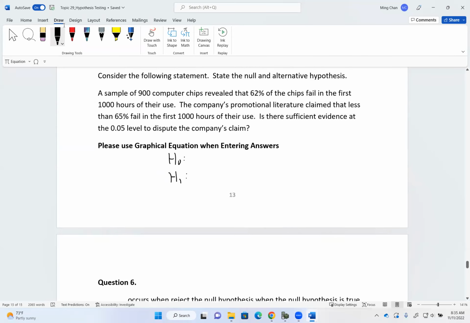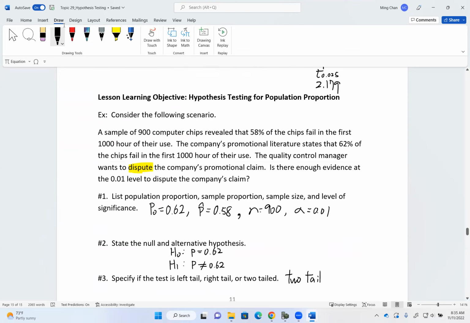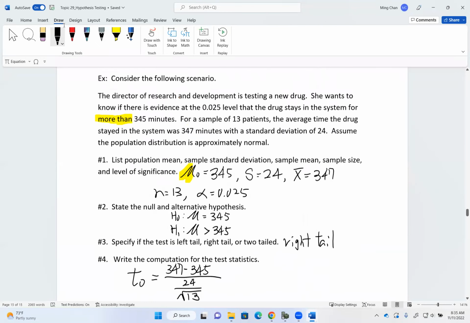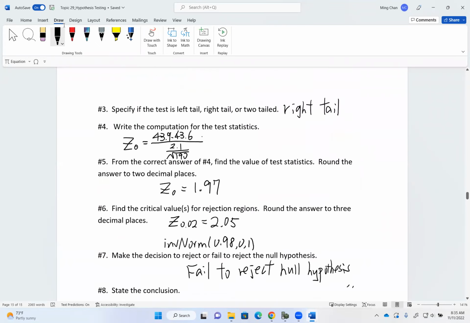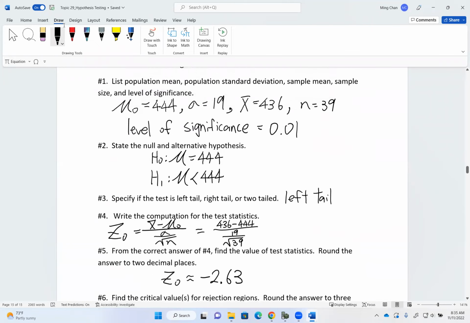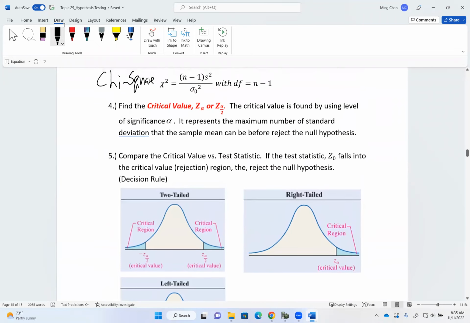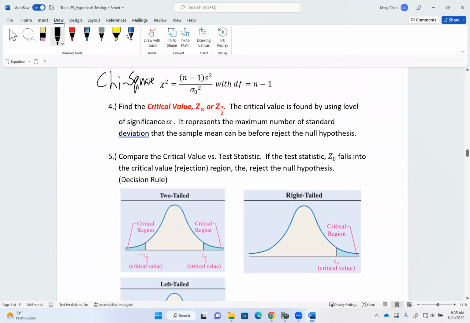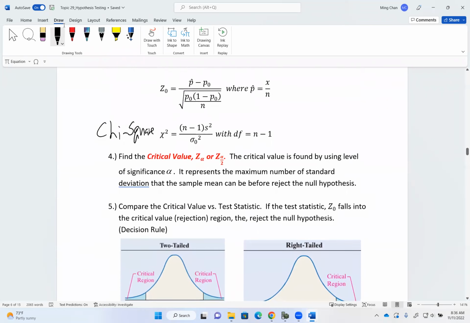So I'm just using 2 videos to explain what hypothesis testing is, how we actually test whether the company's claim, the government's claim, whether the number they're telling us is correct. Do we find evidence to support our claim, or do we fail to reject what they are saying?